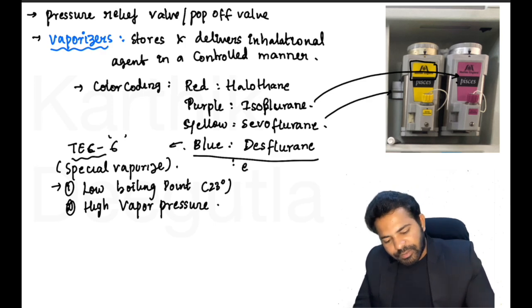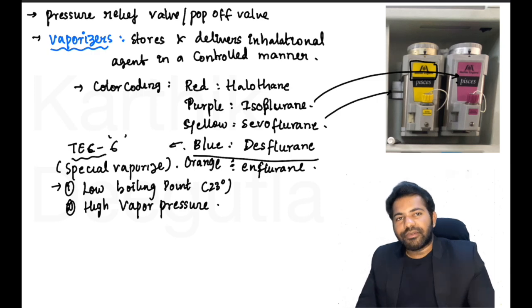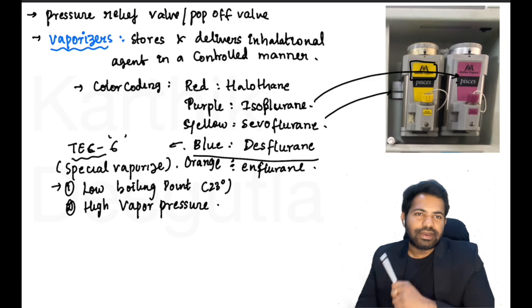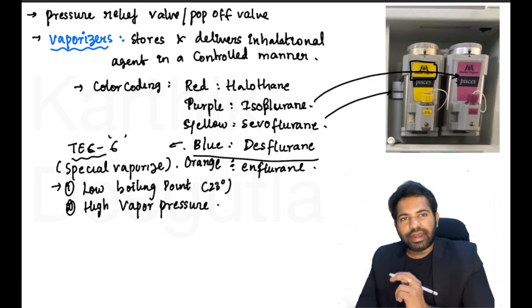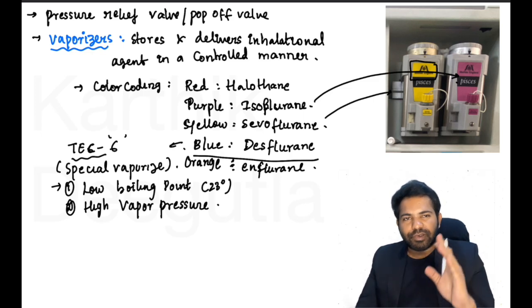And also there is one more gas which is known as enflurane. And the color coding is orange. We have seen the color coding orange for the cylinder cyclopropane, and now we have seen orange for enflurane, but it was never asked in the exam. Remember isoflurane purple, sevoflurane yellow.